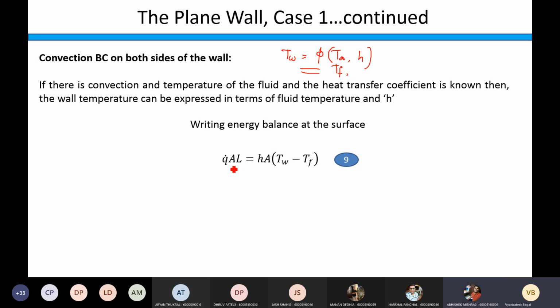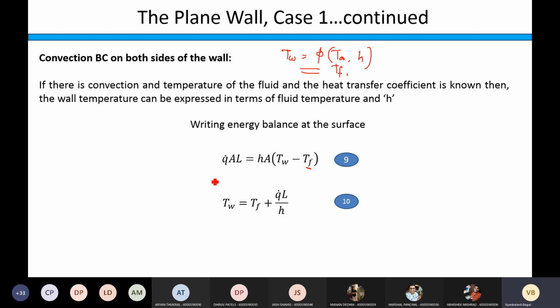So you can write the energy balance: whatever is conducted must be convected under steady state. So q dot AL is hA (Tw minus Tf). Tf is the fluid temperature, Tw is the wall temperature, h is the heat transfer coefficient and A is the area of the slab.